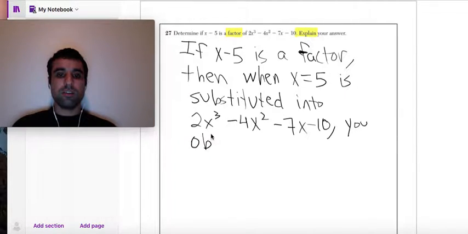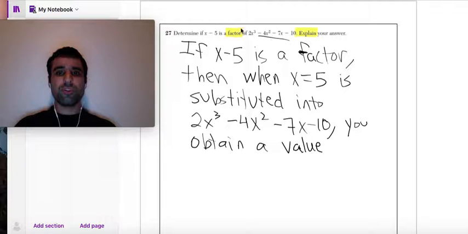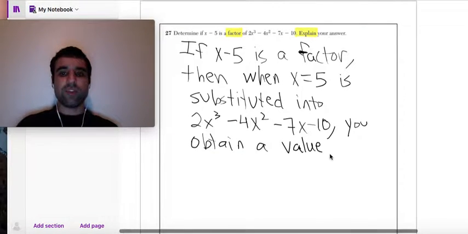You obtain a value of 0. I really wish they used function notation for this polynomial. It would have made it so much easier. I would have just said f of x, p of x.